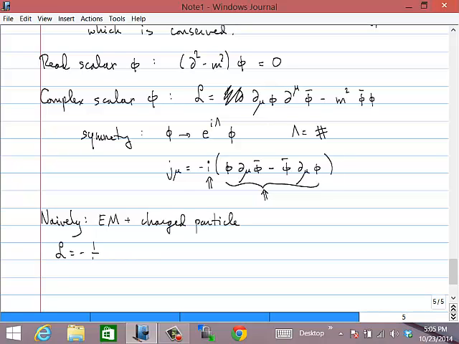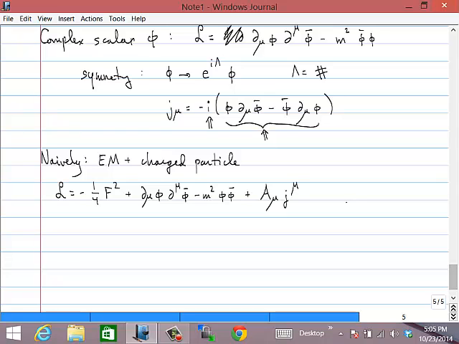You would just write down the action of electromagnetism plus the Lagrangian of this charged particle, and then you would couple them using the term that we wrote down in our derivation of Maxwell's equations. A mu J mu, where J mu is just the current of the complex scalar field. Okay.